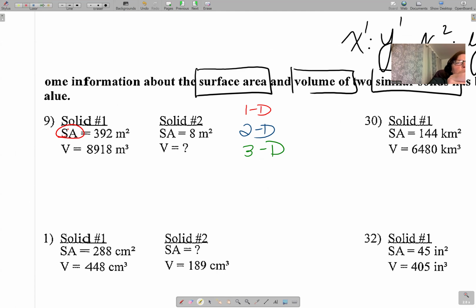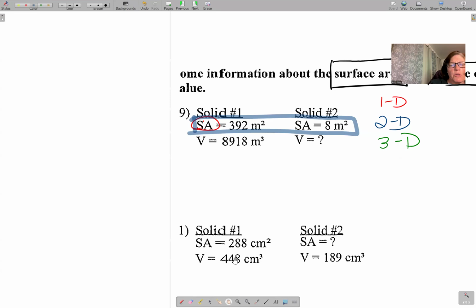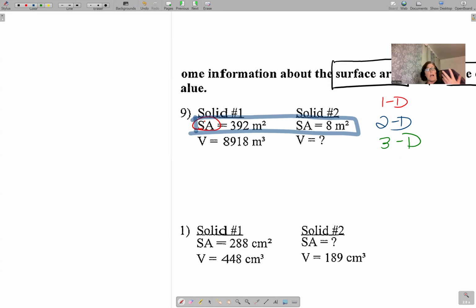And if we're in surface area, we're going to be starting in the second dimension. To get the ratio, we don't use the actual surface areas, we want the ratio. So we need to take 392 and 8, and we are going to divide them both by the same thing until you can't get anything else.